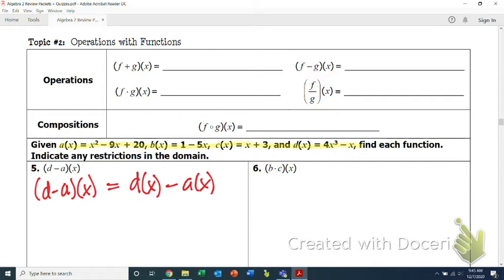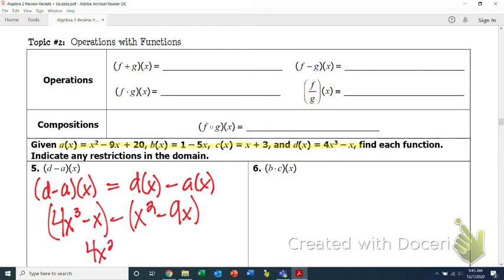Well, D of x is 4x cubed minus x minus our A of x, which is x squared minus 9x. Now, all we do is combine like terms. Do we have another x cubed we can combine with? No. Well, let me back up. What should I do with this negative right here?